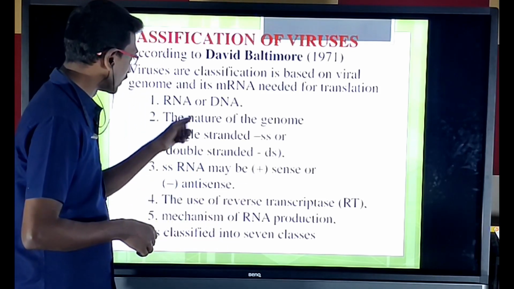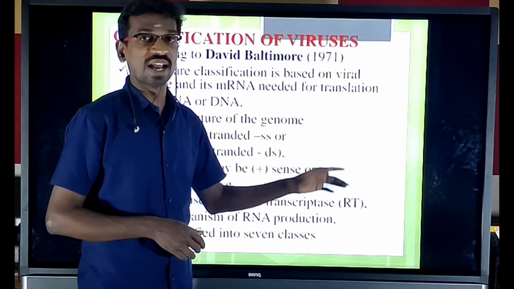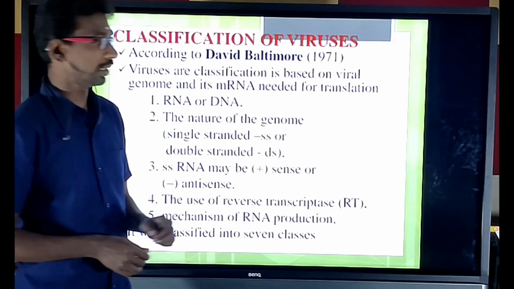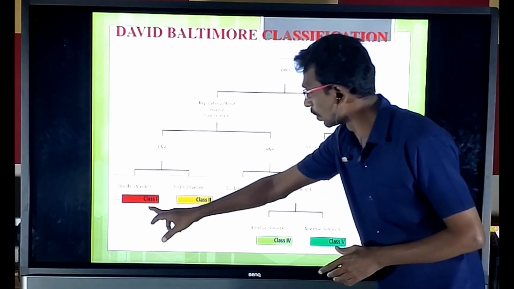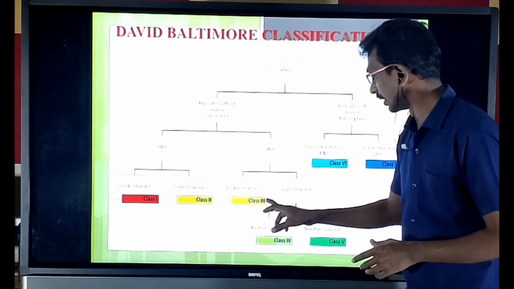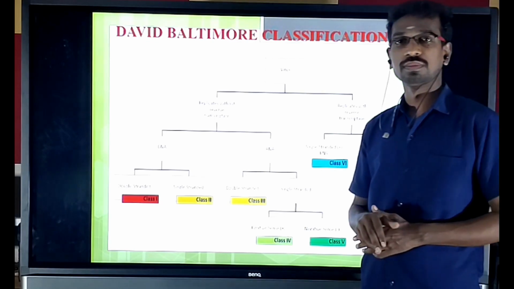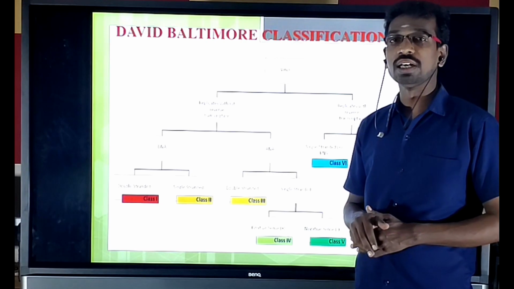Based on these criteria, David Baltimore classified the viruses into 7 classes: class 1, 2, 3, 4, 5, 6 and 7. What are the criteria?